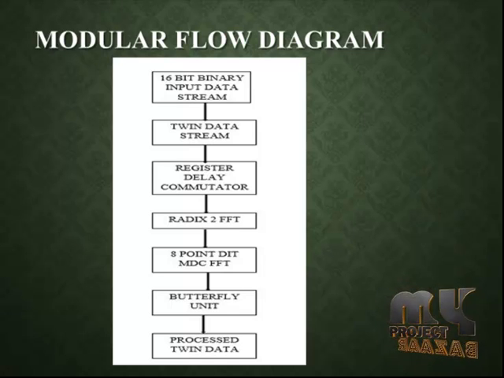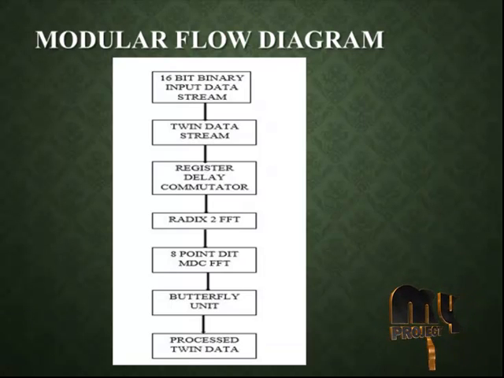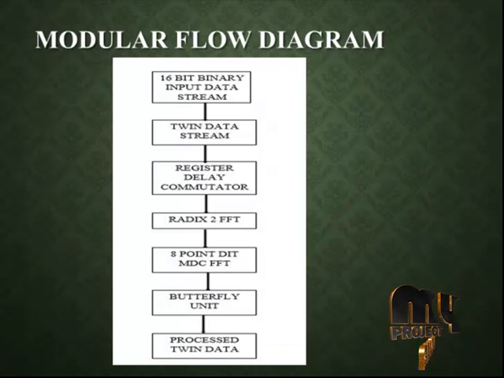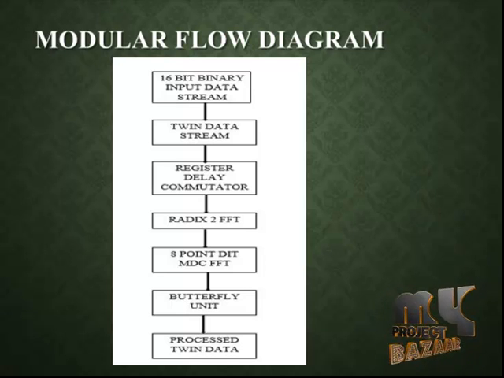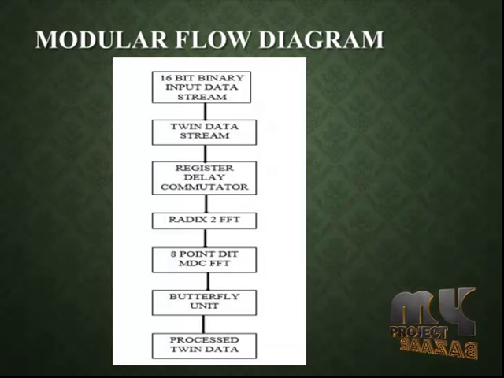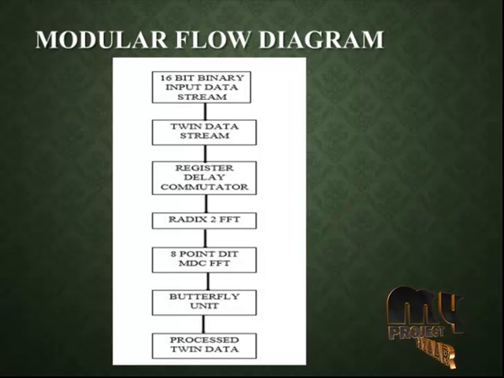Initially, the values are bit reversed and stored in the register delay commutator. In the butterfly unit, the bit reversed values are again bit reversed and produced as the natural output data. This natural output data is the required processed twin data stream. Hence, in our product, we have used less number of registers and we have acquired high throughput.